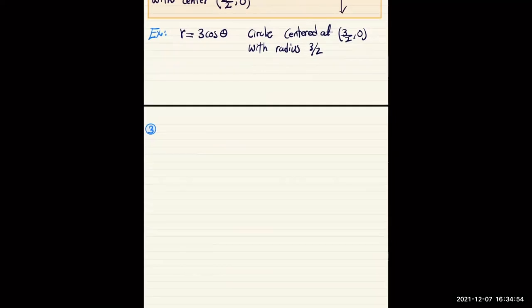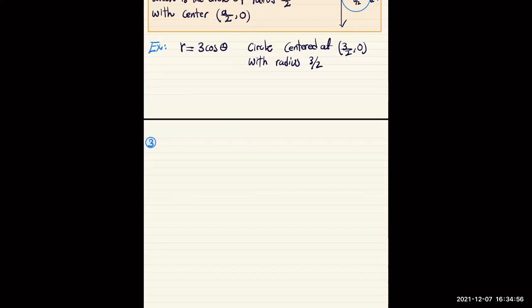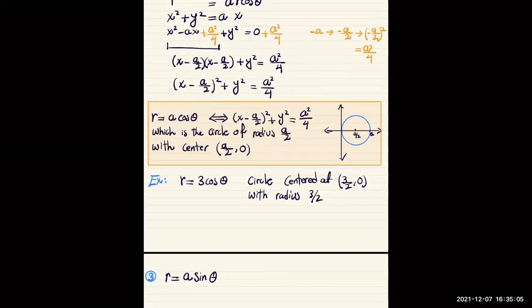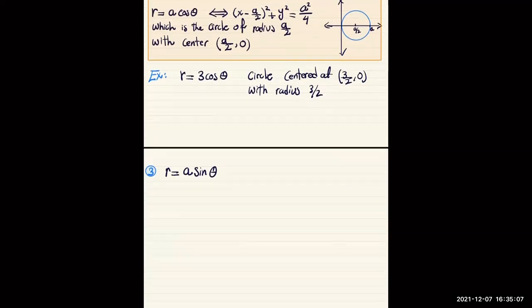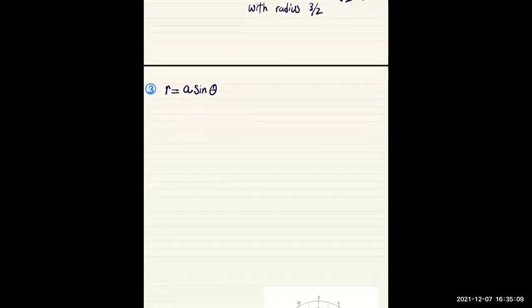So the next common polar graph is r equal to a sine theta. Just like what we had here, r equal to a cosine theta, this is also a circle, but this is a circle that has a center on the y-axis.